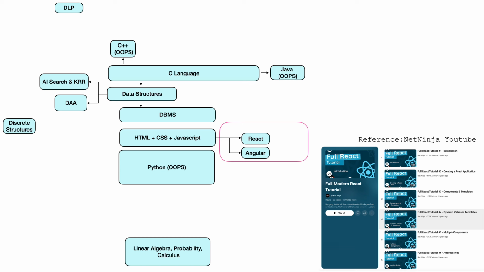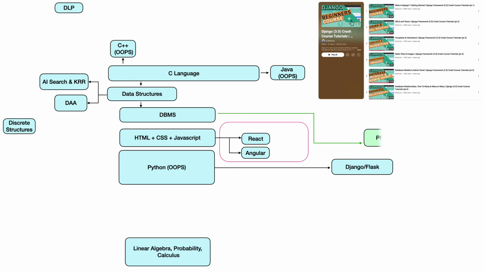One of the best sites which I found is Net Ninja, where he discusses React with practical examples demonstrating each output. And we also have Django for full stack development using Python, where for front end we can use React or Angular, and for back end we can use Django or Flask.